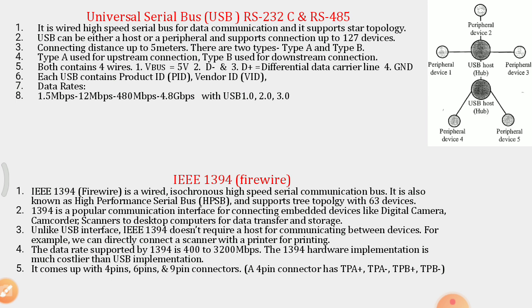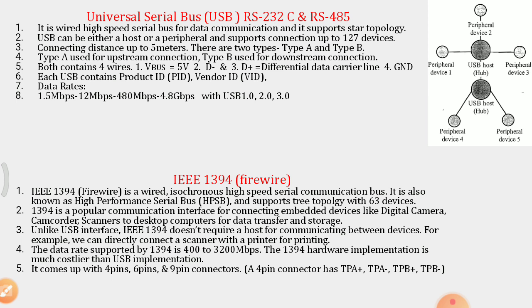In the figure we can see that peripheral 1, peripheral 2, peripheral 3, 4, 5 are connected to the USB host in a star topology. The connecting distance is up to 5 meters.